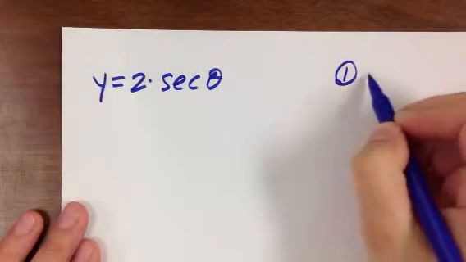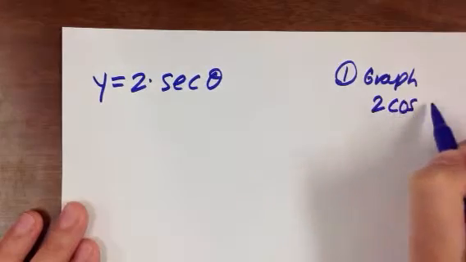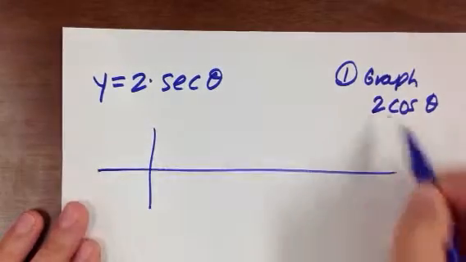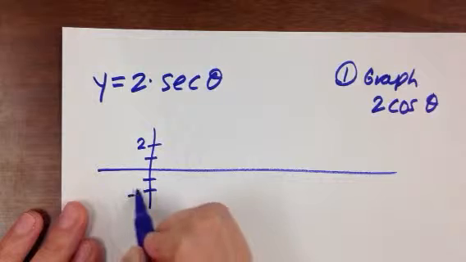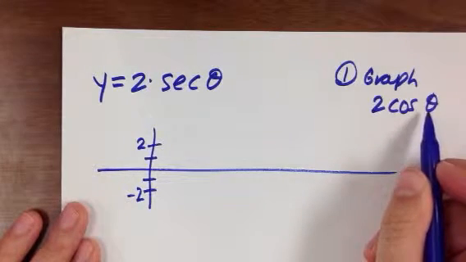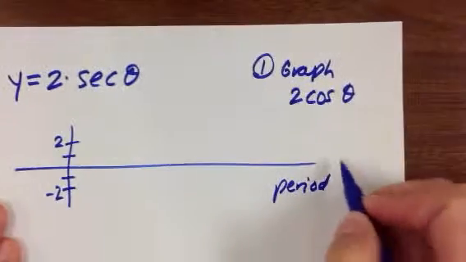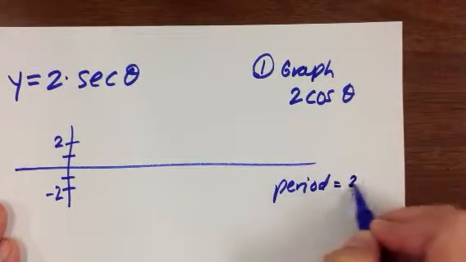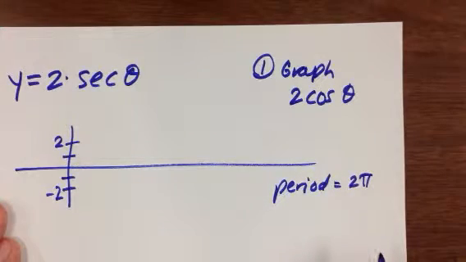So step 1, graph 2 cosine of theta. That means I have an amplitude of 2. My period is going to be 2 pi over b, but b is 1, so it's just 2 pi.